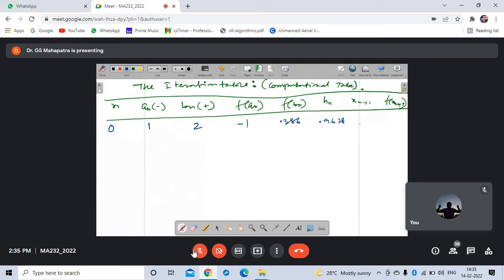Xn plus 1: 0 plus this one. Now it is not 0, it is 1, sorry. 1 plus this one, 1.9628. This one plus this one, and that is equal to this one. So now f of xn plus 1. I think Hn is correct or not?